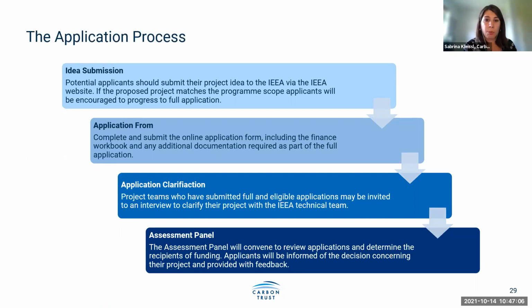This has already been open for a couple of weeks, and thank you to everyone who has already made use of it. The idea submission form will remain open until the end of the application window, and should always be your first step when considering an IEEA application.